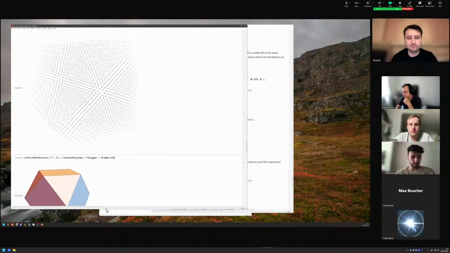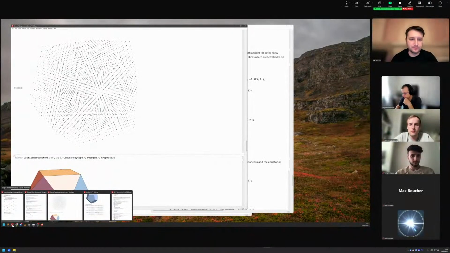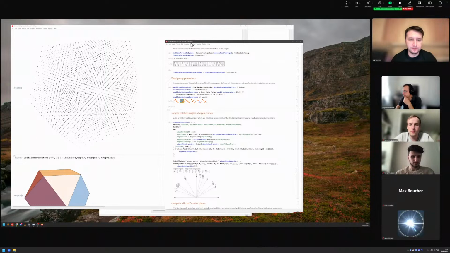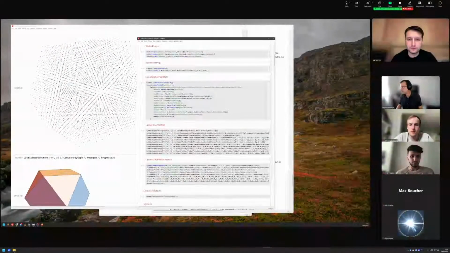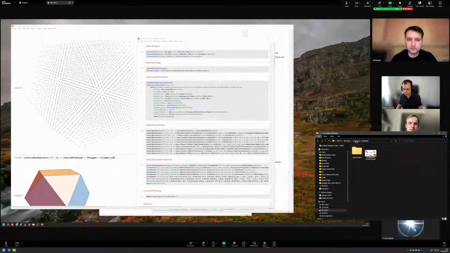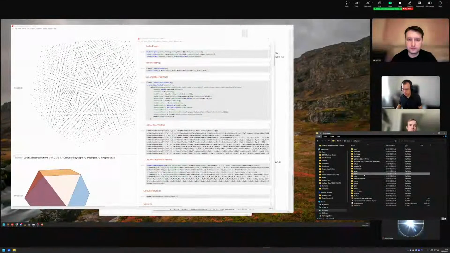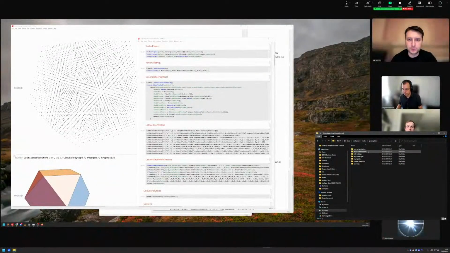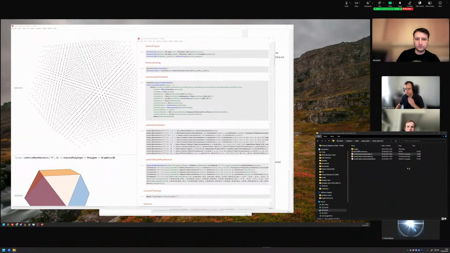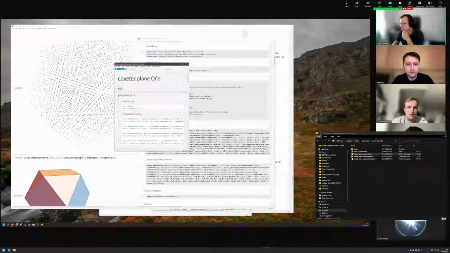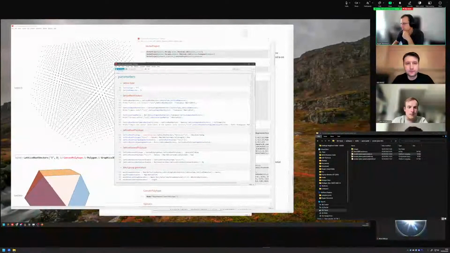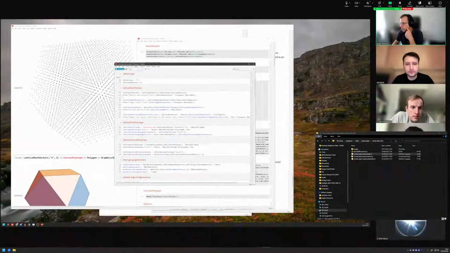What's really fun is to see if this... I wrote all this so I could compute quasi-crystals, which relies on all this convex geometry.